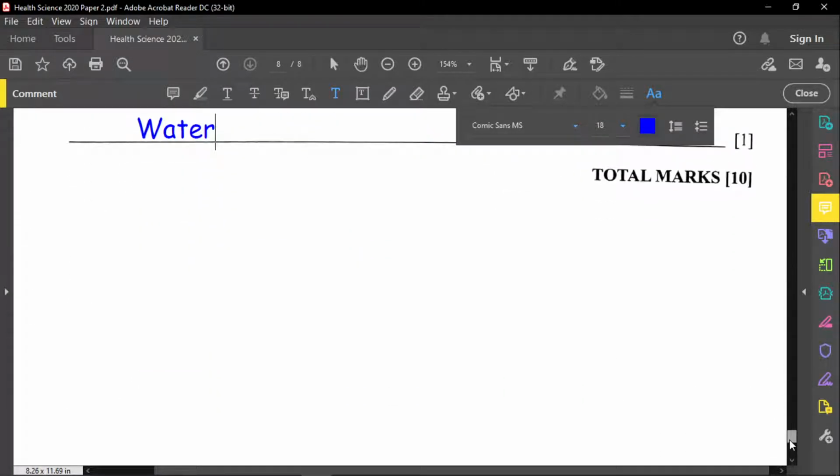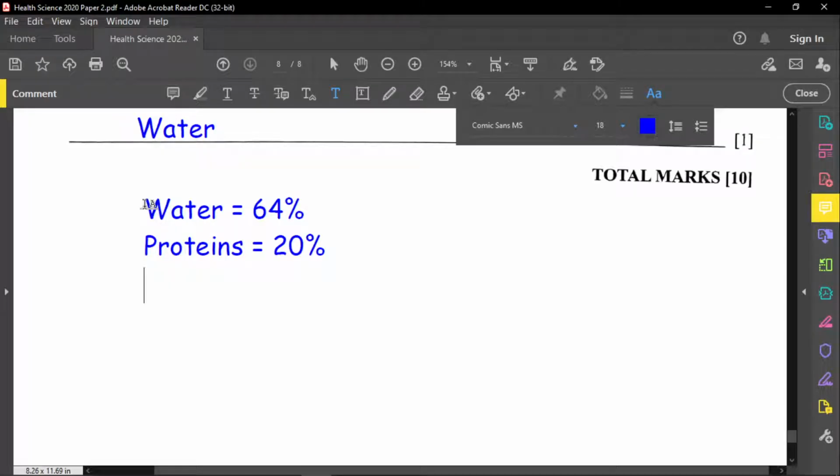As a matter of fact, let me give you a quick breakdown of all the things in our body in terms of these nutrients. Let's start off with water. Water is approximately 64%. Okay, let me put that there. Proteins constitute about 20% of our body mass. Okay, and fats constitute about 10%.